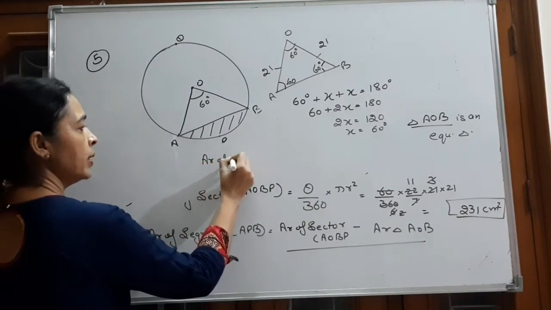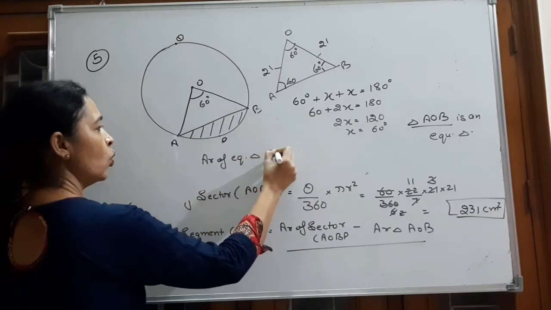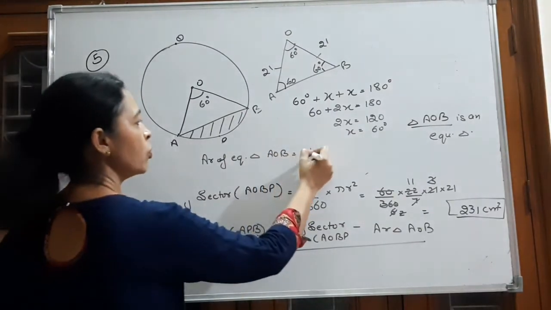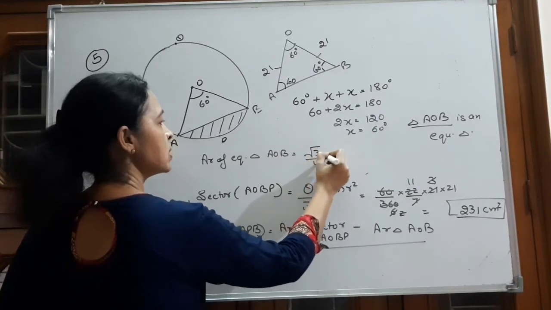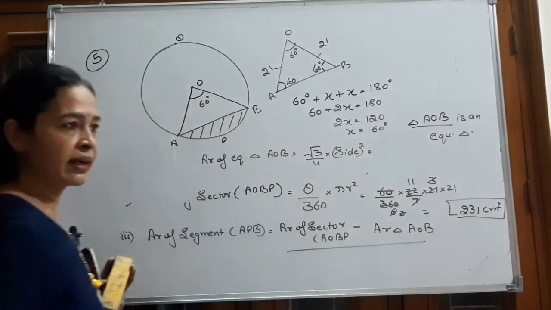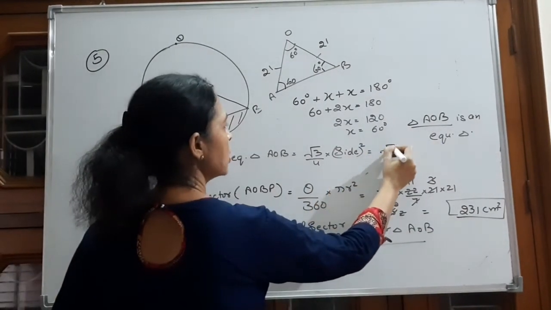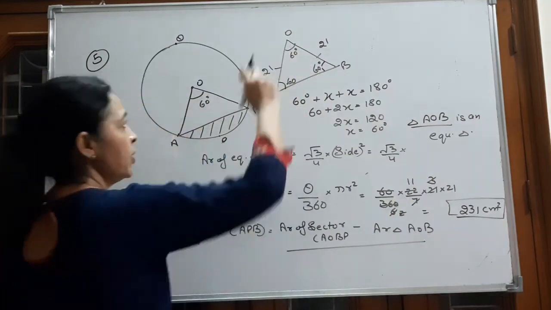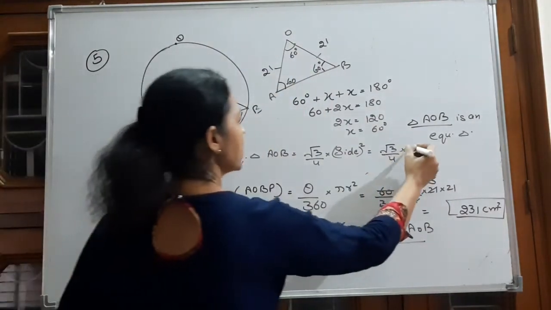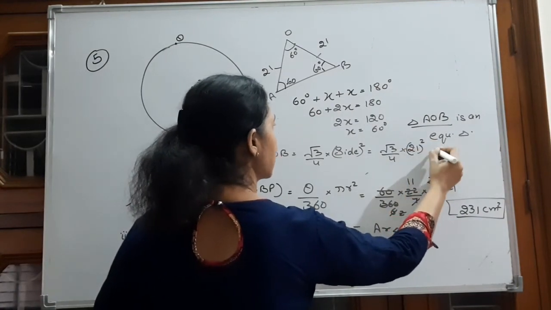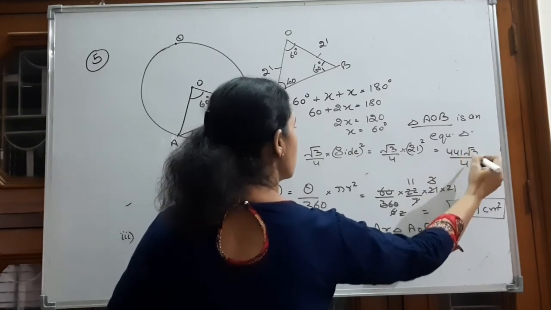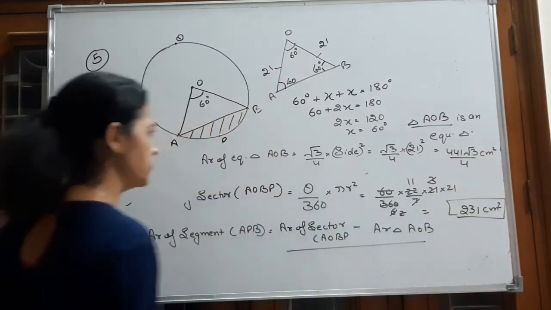Now, what is the area of equilateral triangle AOB? What is the formula for the area of an equilateral triangle? Root 3 by 4 into side square. That is root 3 by 4 into 21 into 21, the side being the radius of the circle, that is 441 root 3 by 4 centimeter square.